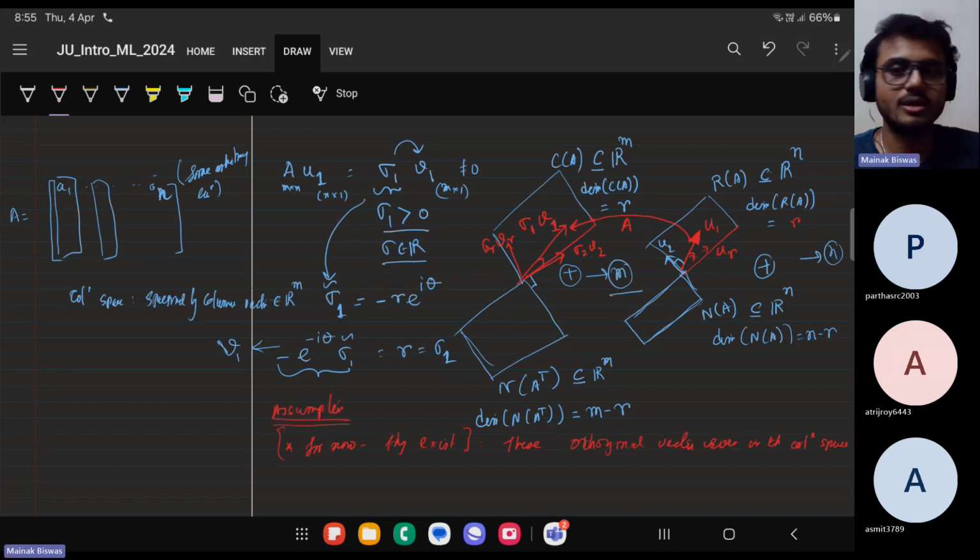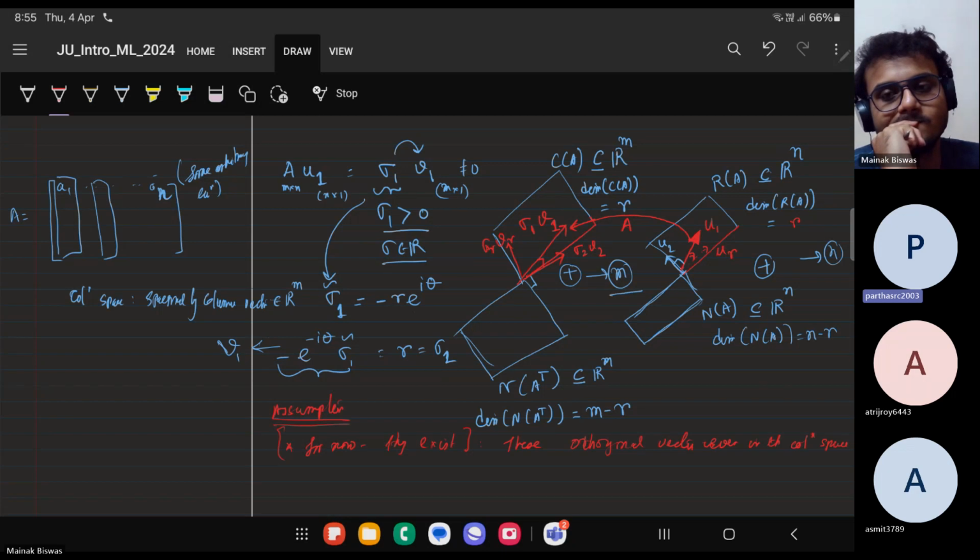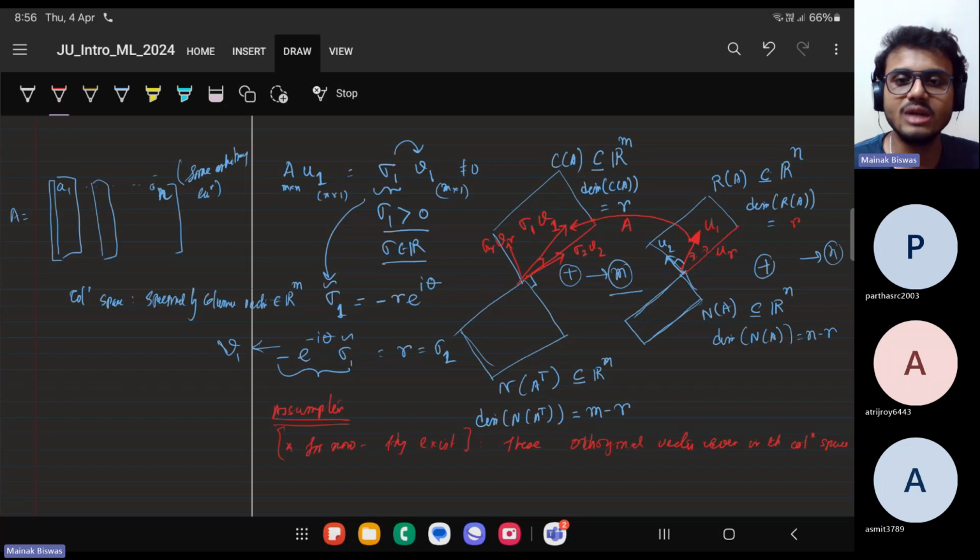So if ui dot uj equals 0, I have to basically show that A ui dot A uj equals 0, right? Not always will it happen. Only for special vectors will it happen, a special set of vectors. That's what makes it singular value decomposition.